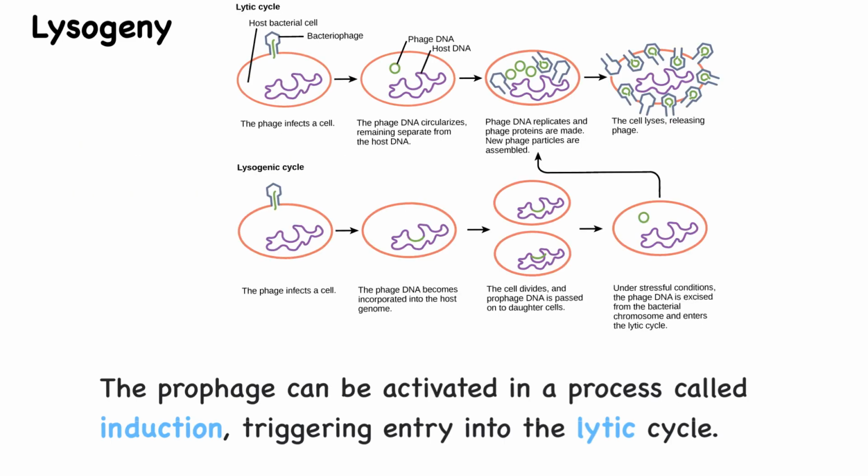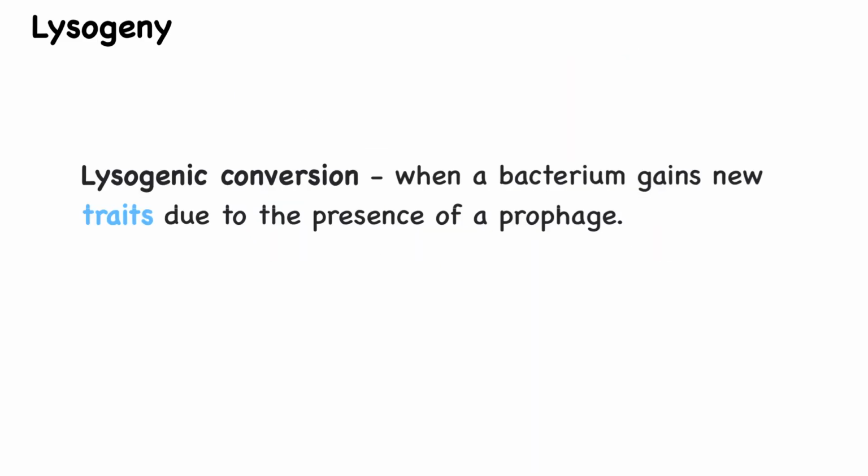Occasionally, the prophage becomes activated in a process called induction, triggering viral replication and entry into the lytic cycle. When a bacterium gains new traits, such as toxin production, due to the presence of a prophage, this is called lysogenic conversion. Several major bacterial toxins are the result of lysogenic conversion.